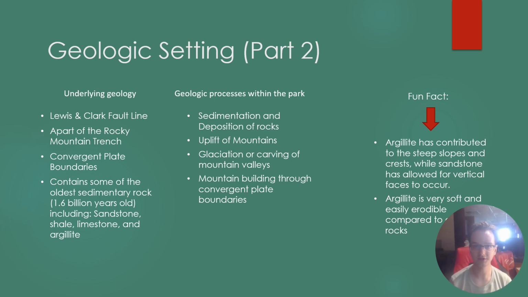So a lot of these mountains were built because of convergent plate boundaries. And a fun fact over here for you. The argillite contributed to a lot of the steep slopes, and the sandstone ended up allowing for vertical faces to occur. Mainly because argillite is very soft, it's easily erodible compared to all the other rocks that are located within the park.